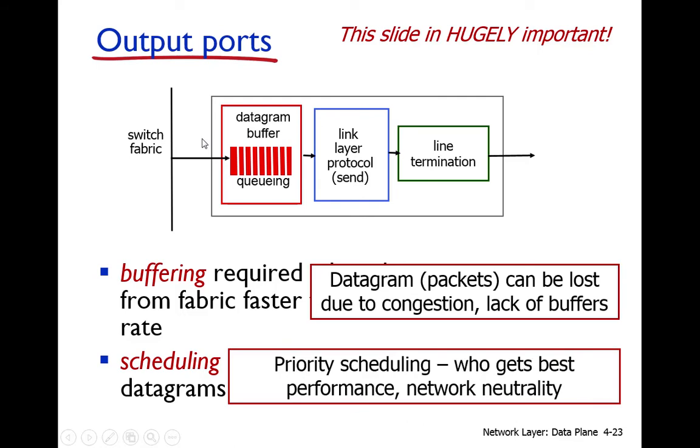So we need a very efficient scheduling scheme. We need priority scheduling for the best performance and network neutrality. Sometimes some packets have higher priority than other packets, so the higher priority packets should be given preference. We will discuss it through an example.